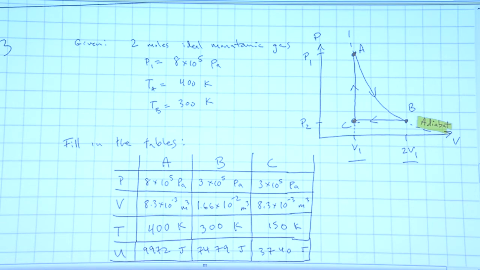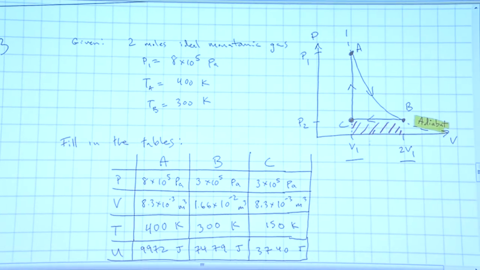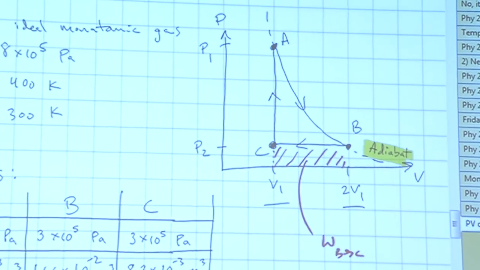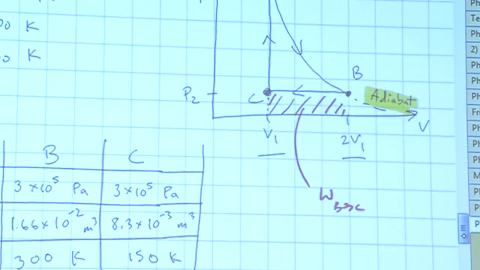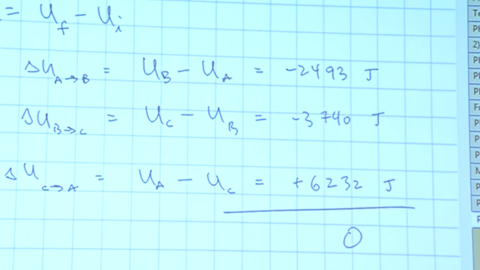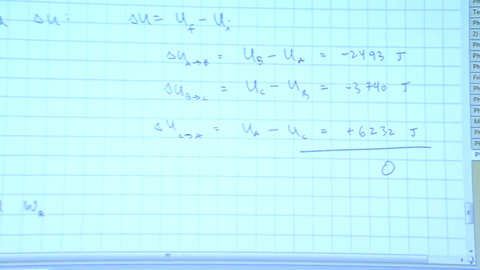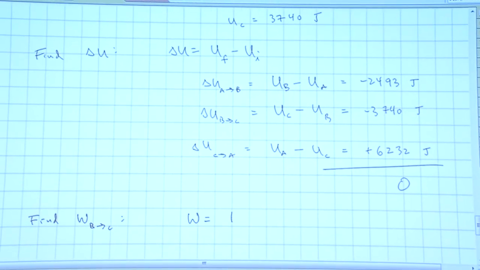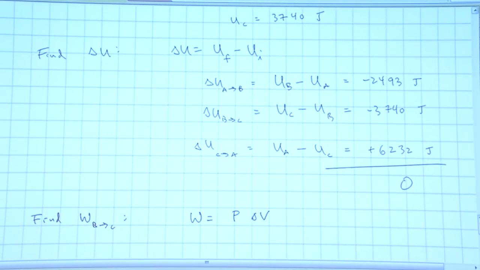The work done from B to C is that area right there. P delta V.